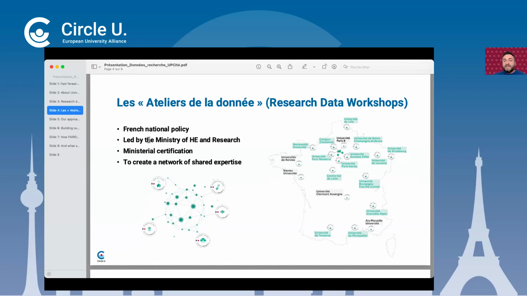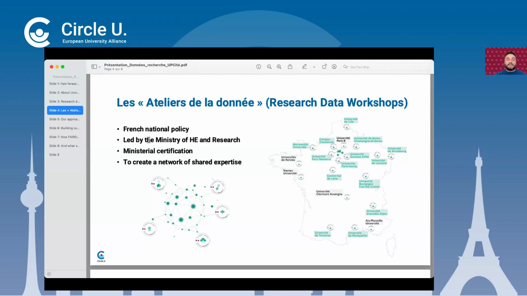This national initiative aims to build a network of shared expertise across France through a process of ministerial certification. And to obtain this label, each university must demonstrate that it has successfully brought together all stakeholders in research data management, and that it applies the FAIR approach in practice.